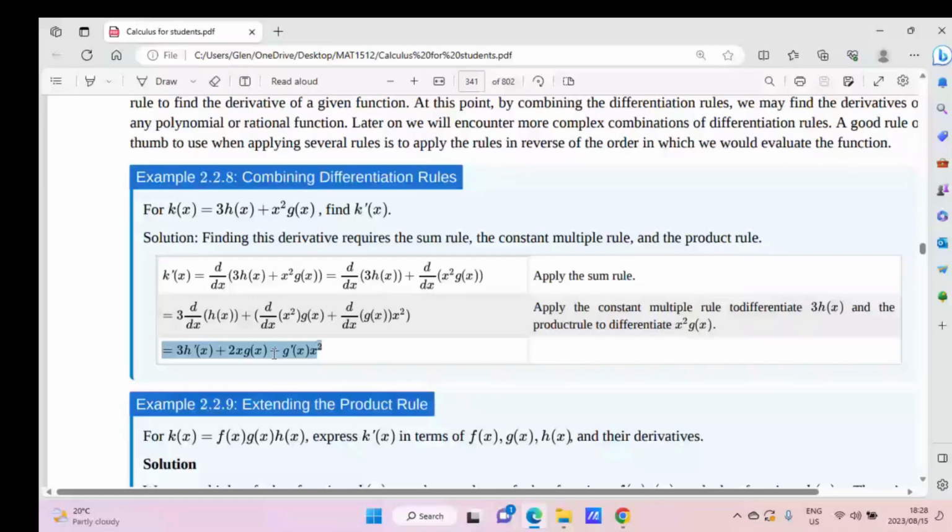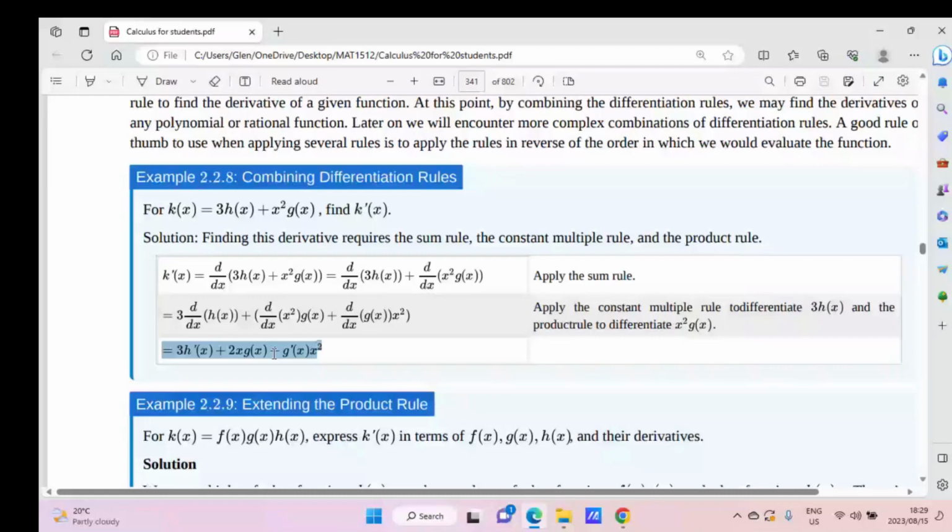f prime of x, g of x, times x. Plus, and then these two terms are in a round bracket: x g prime of x plus g of x.